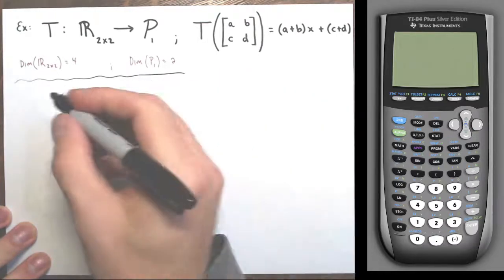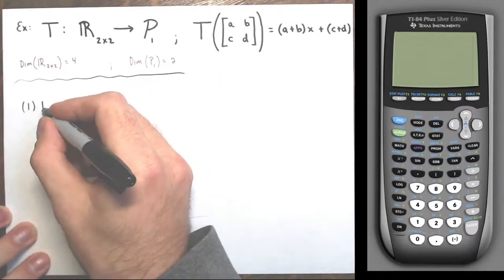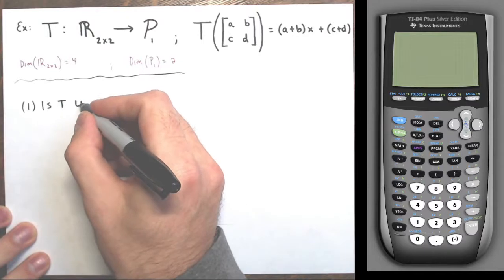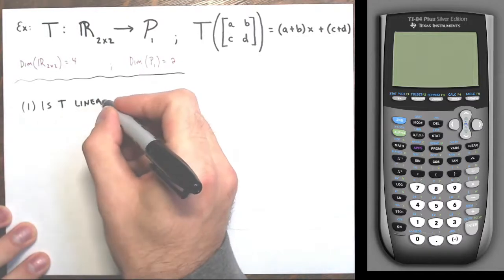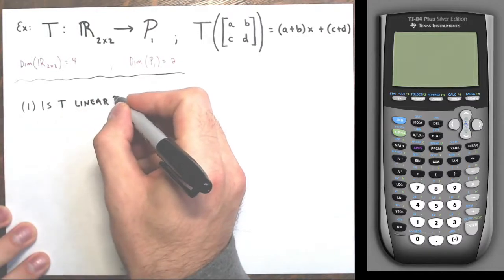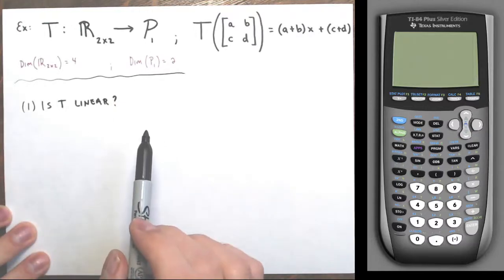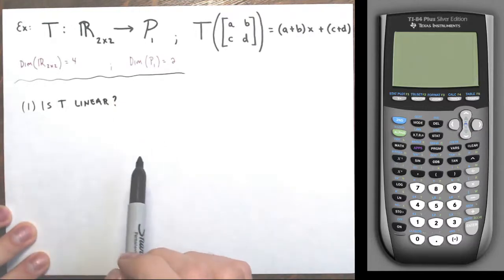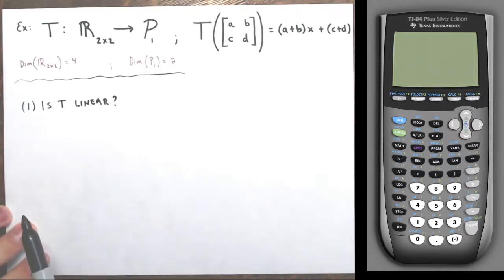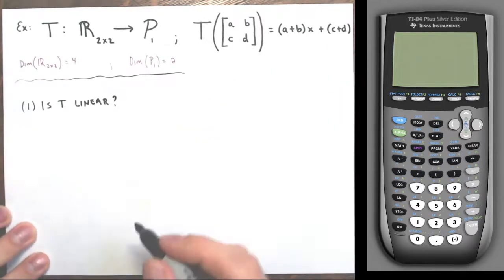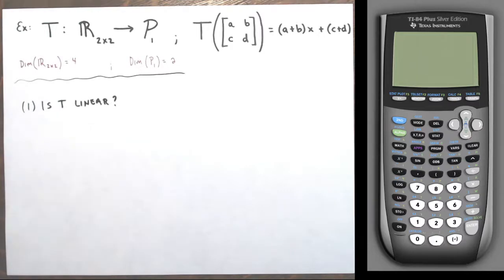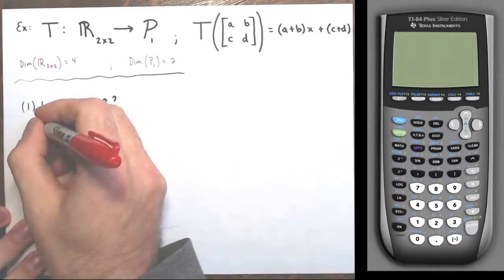Okay. So first, is T linear? Is the additivity property true? Is the homogeneity property true? You can do those on your own. I'm going to do this with the matrix approach.